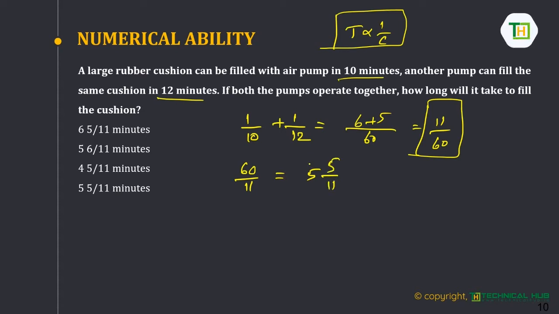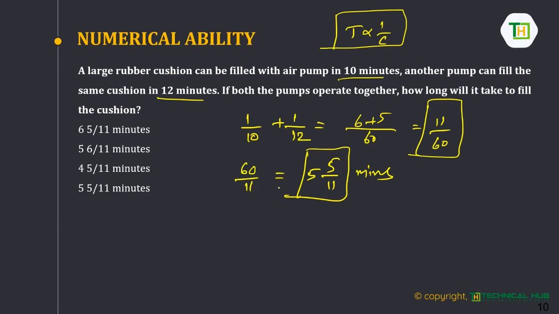Still 5 is left over. So 5 by 11 minutes. If both the pumps operate together, it takes 5 by 11 minutes to fill the cushion. So option D is the right answer. 5 by 11. Option D.